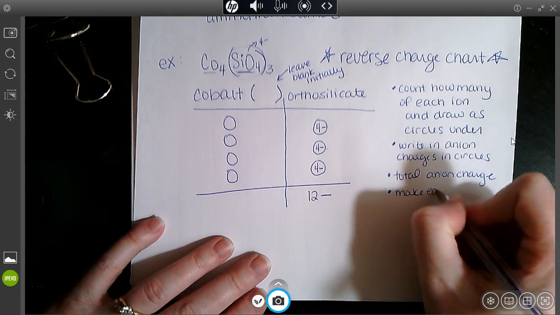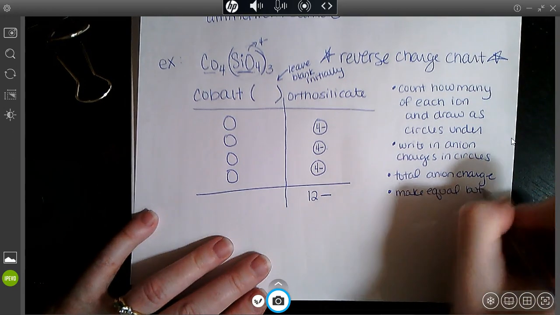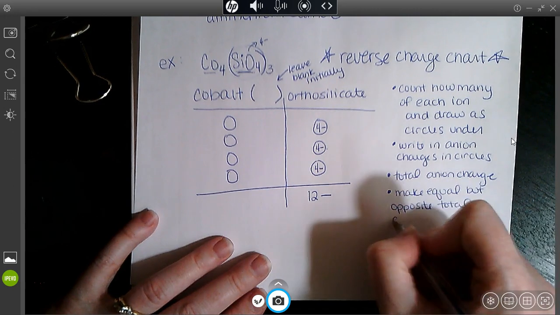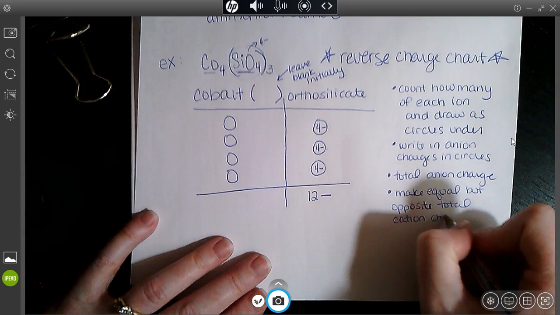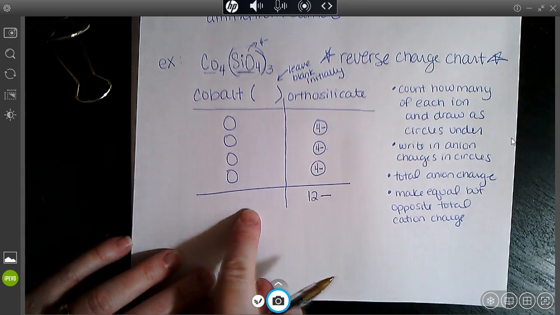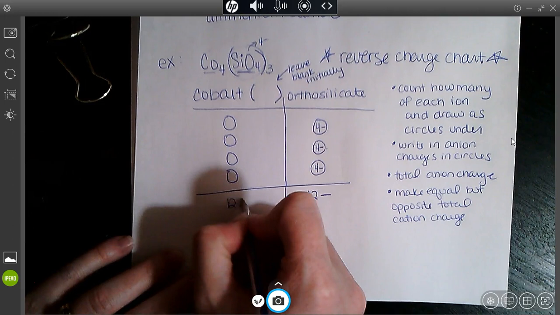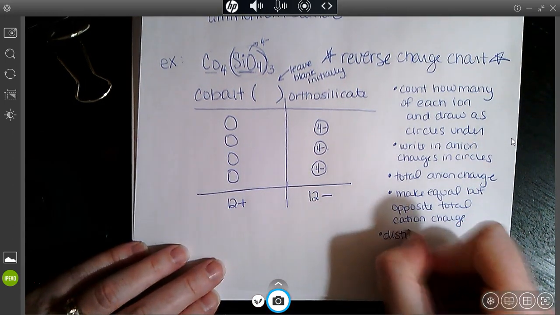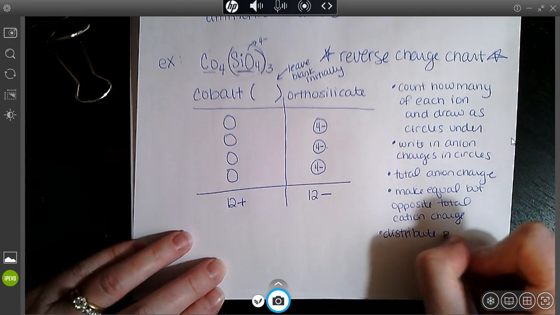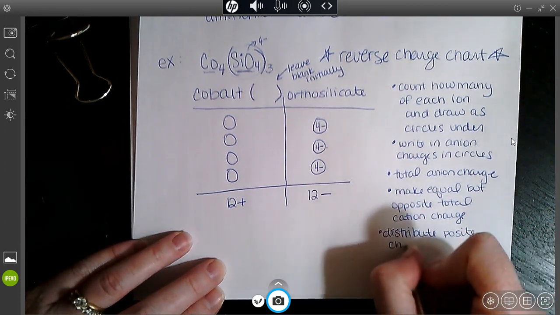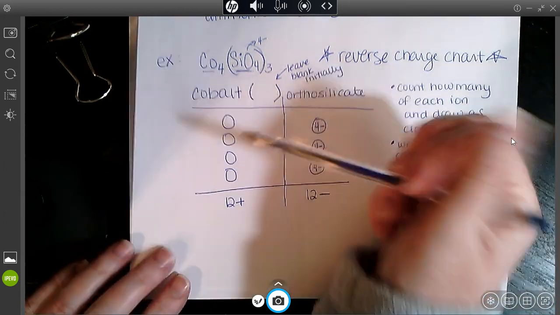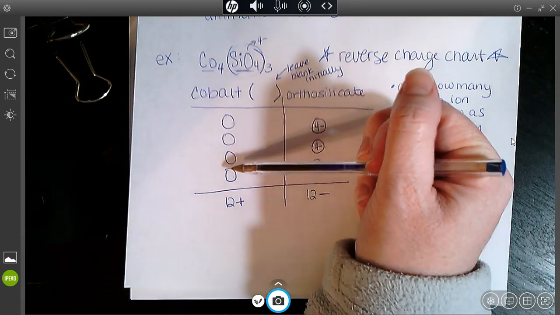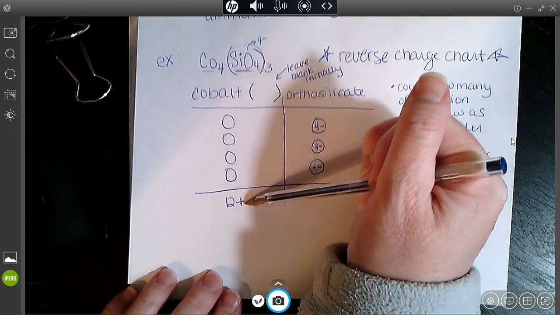Make equal but opposite total cation charge. So that means over here, this total is going to be 12 plus. Just distribute positive charges. So I need each of these 4 to have some charge that's the same on each that's going to add up to 12 plus.